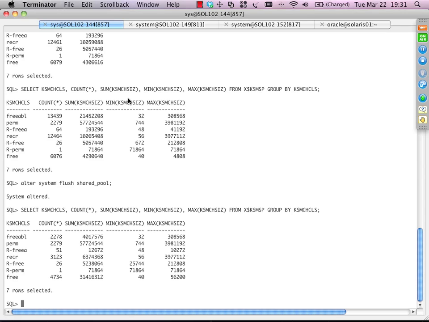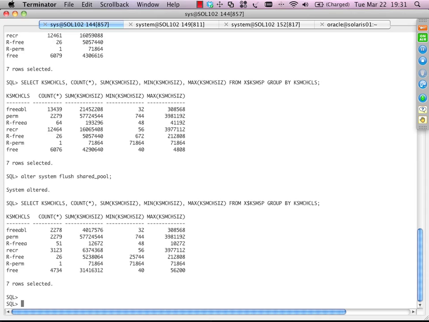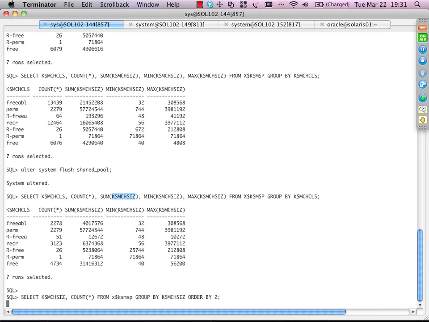They always break the allocation down to either 1 kilobyte or 4 kilobyte sizes. So when I run this, all right, let's just check how many chunks I have with different sizes.